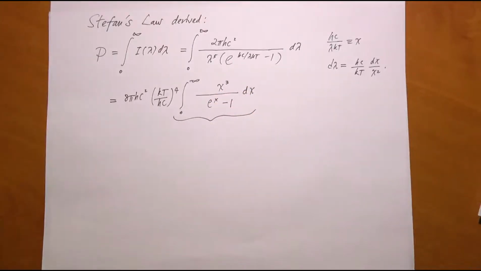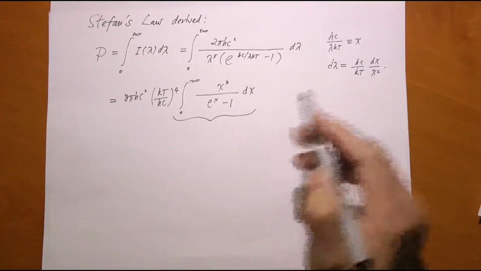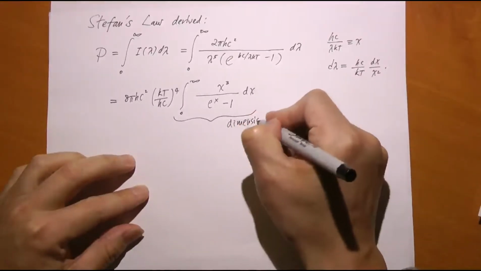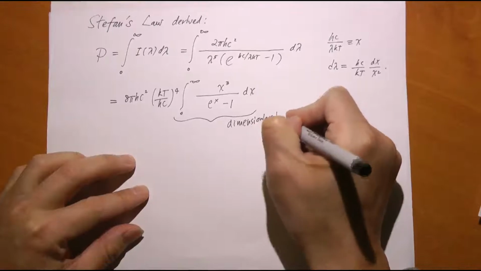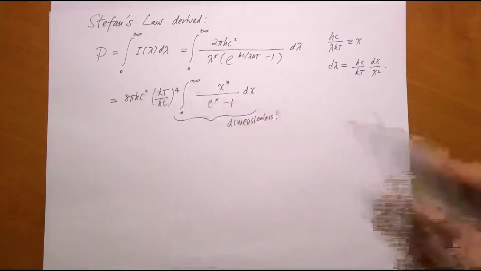You wonder how we find this integral. But this is only technical, and it's not all that important, because after all, this is a dimensionless integral. Dimensionless. This is very important. It means no matter what it is, whether you can find it out or not, it's just a number, which will be multiplied with 8 pi, whatever.